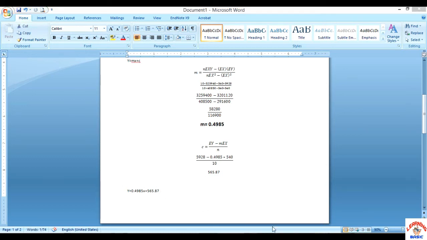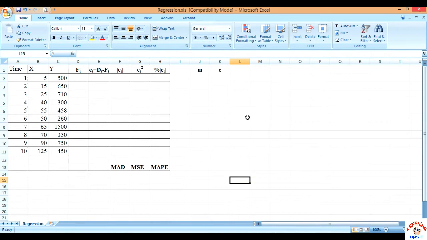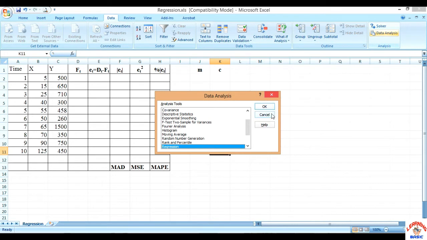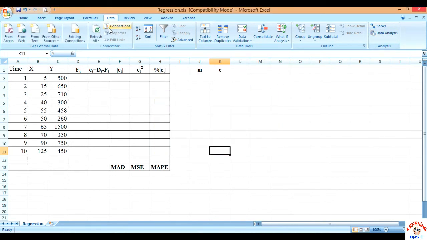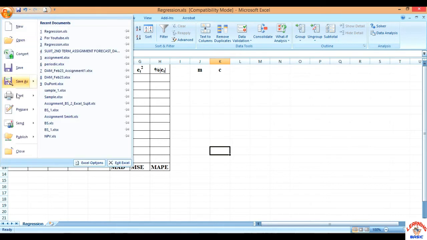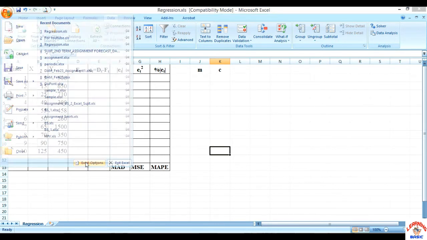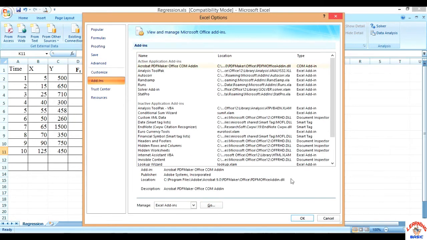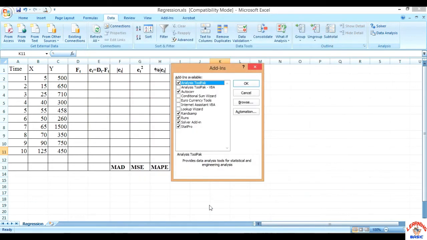Now let us calculate the regression in Excel. We have the same data over here, x and y, with the same values. For this we need to go to Data and then Data Analysis. First, make sure that you have Data Analysis in your Data option. If not, go to Excel Options, find Add-ins, click Excel Add-ins, and press OK.